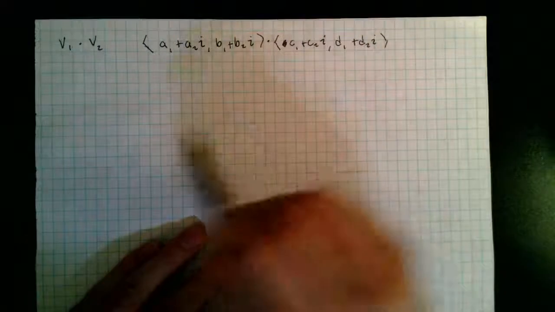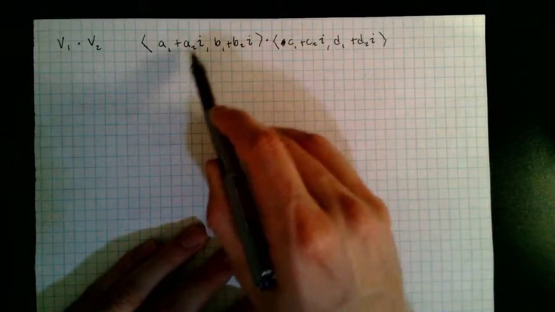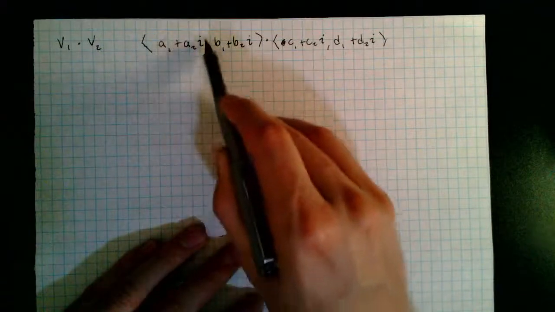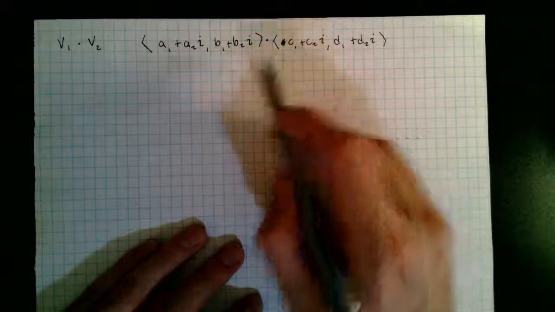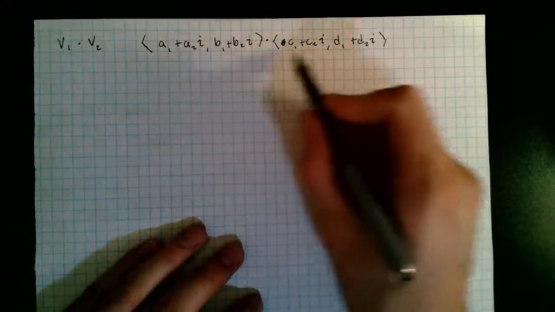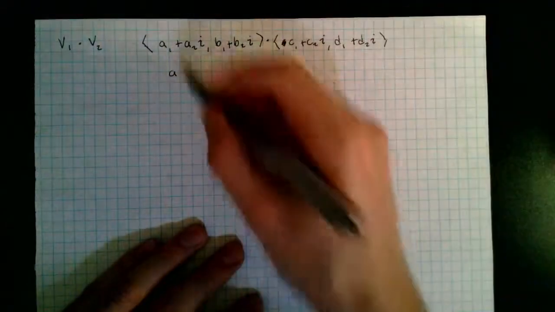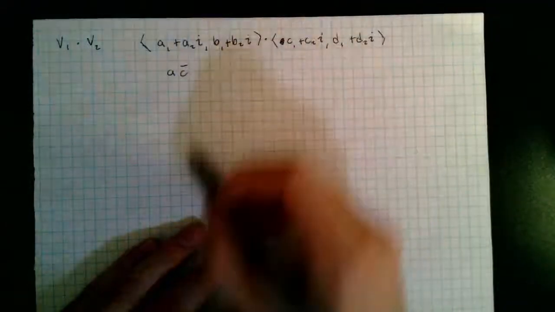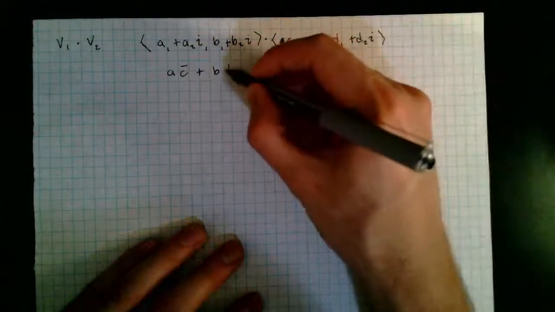So what we'll do here is we'll just take them one component at a time, right? So we'll look at this component and then this component, right? Because when you're doing this, it's basically component 1, so A times C conjugate plus B times D conjugate.